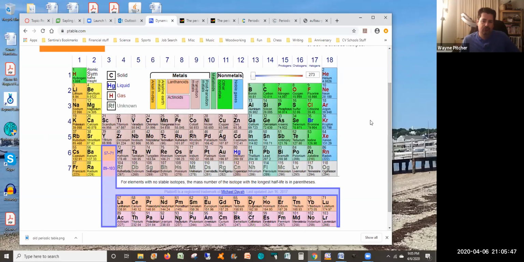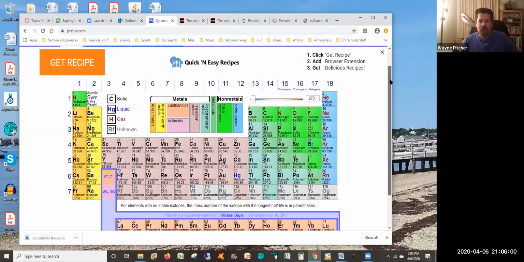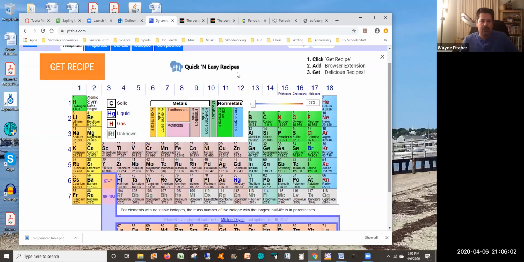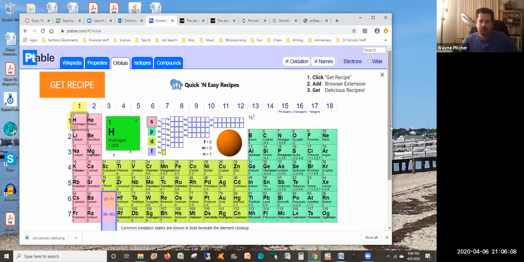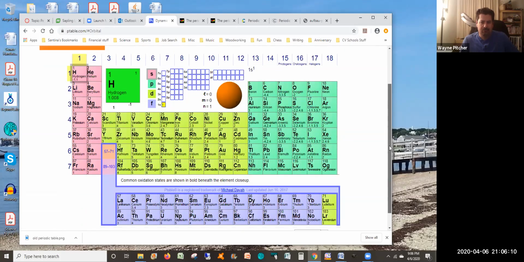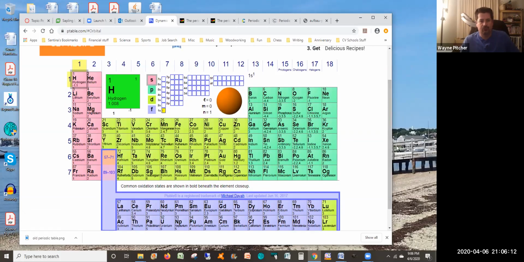And of course, the periodic table groups things not only by similar properties, but it also groups them based on quantum numbers. What do I mean by that? Well, let's select this tab up on the top here that says orbitals. And boom, there we go. Now my different blocks in the periodic table are colored different colors.